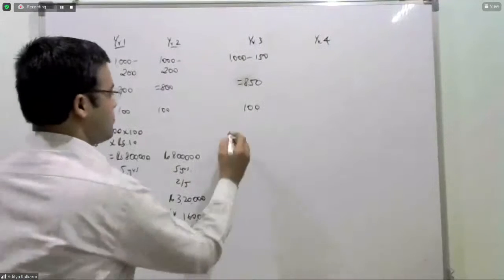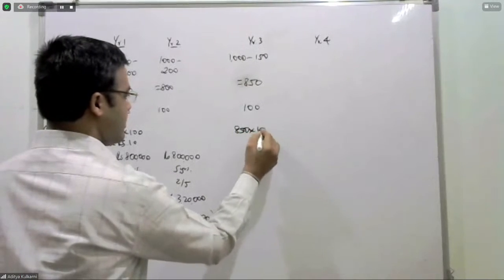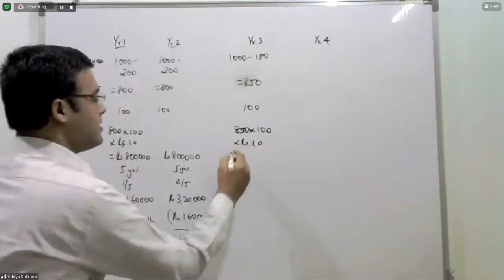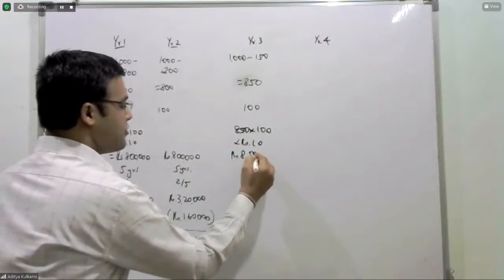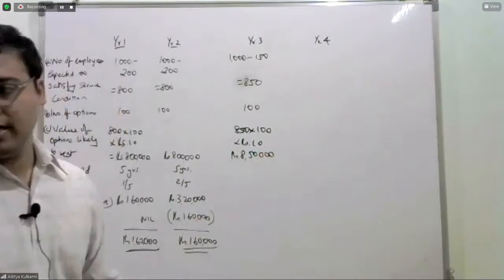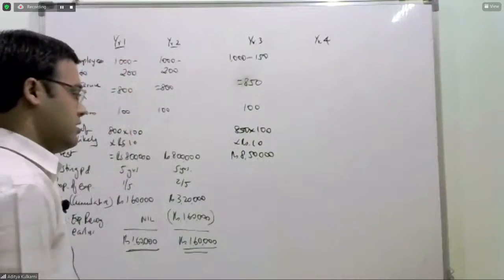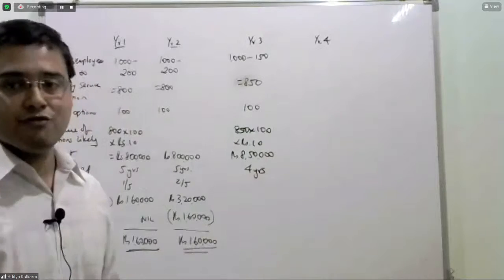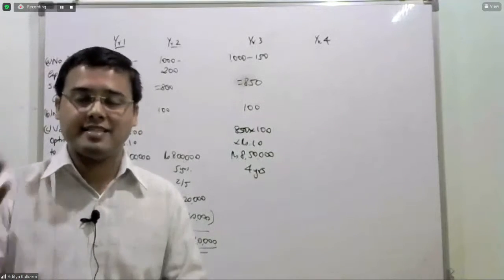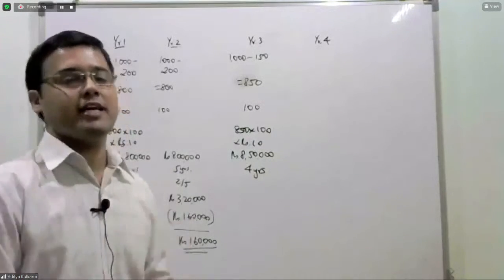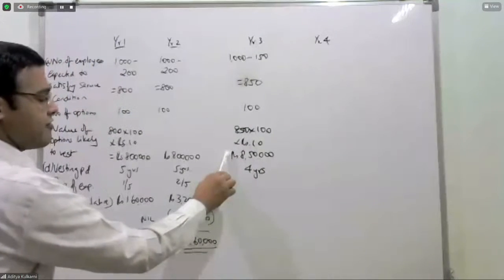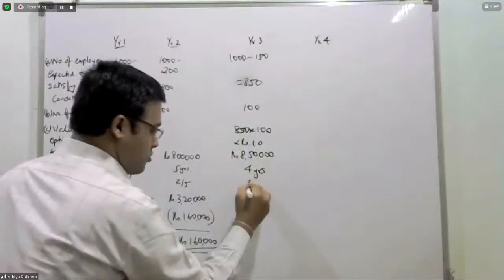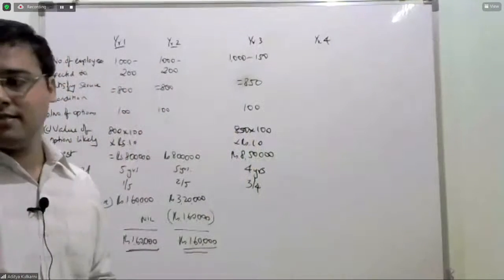So value of options will be 850 into 100 into rupees 10. That comes to 8,50,000. What is the vesting period now? Now the vesting period is 4 years. Accelerated. From 5 years, it became 4 years. So 8,50,000, 1 to 3 years have passed. So proportionate you will take is 3/4.